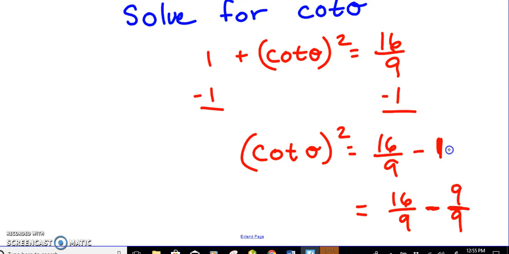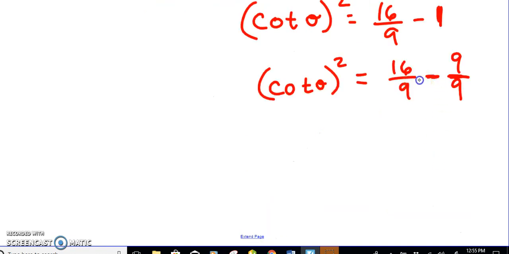So 9 over 9 is equal to 1, but that also gives us a common denominator. So cotangent squared theta equals that, and here that gives me 7 over 9 equals cotangent squared theta.